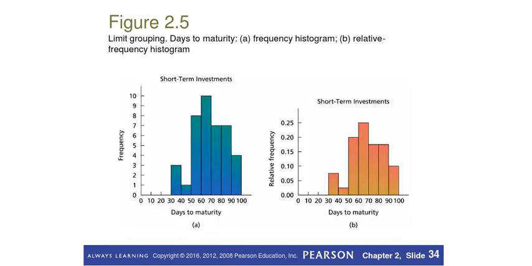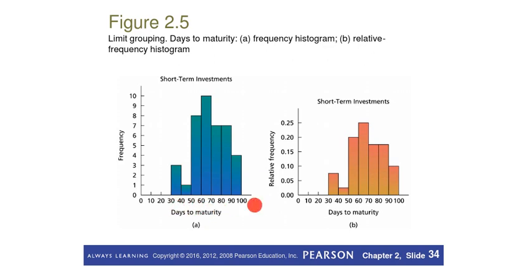When we talked about our days to maturity of our investments, notice that we used groupings, and you'll note how it works along the horizontal axis here. That's a little different. Days to maturity, we started at 30 to 40, right? 30 to 39, and then 40 to 49, and then 50 to 59, and so on down the list.